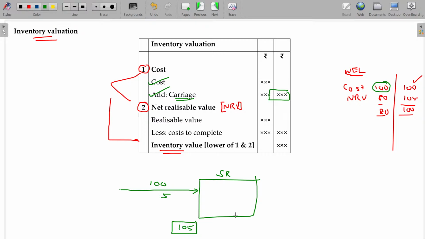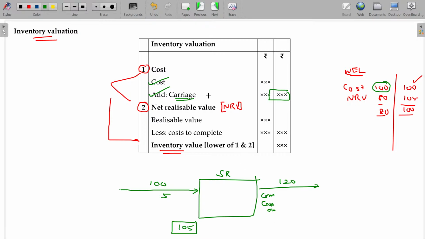Later you will be selling this to the customer. While selling, you will sell it for 120. But he says, sir, deliver to my place. So now I have to deliver that to his place, and the agent comes and demands some commission for that. The commission as well as carriage outward, this will be called carriage outward.